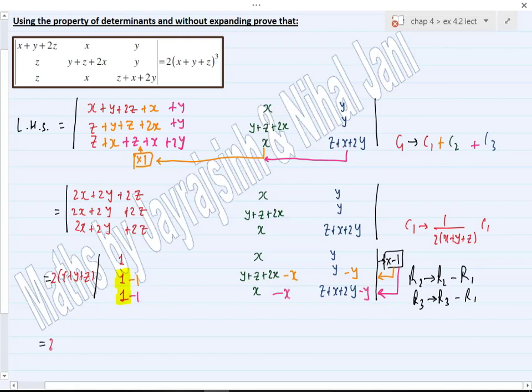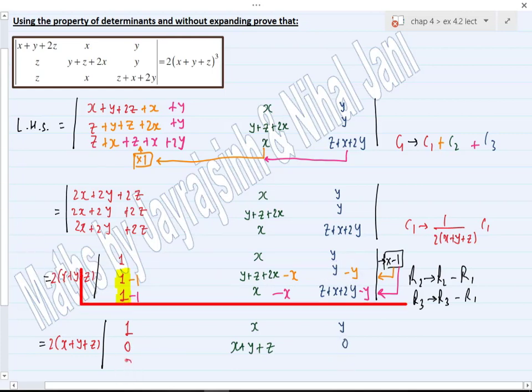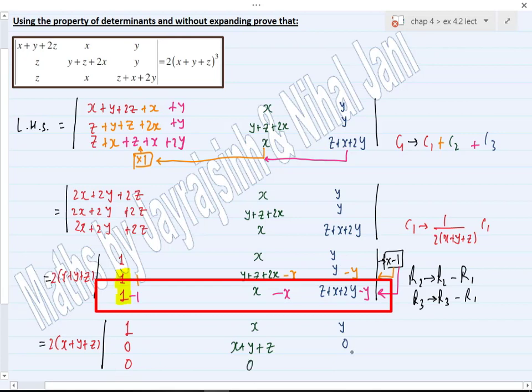So here 2 times x plus y plus z will remain as it is, and your first row will also remain as it is. Second row will be 1 minus 1, 0. X will cancel out, we will get x plus y plus z. Y will cancel out, we will get 0. Similarly, third row will be 0, 0 and x plus y plus z.